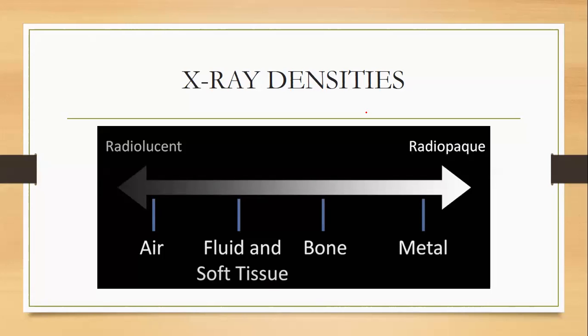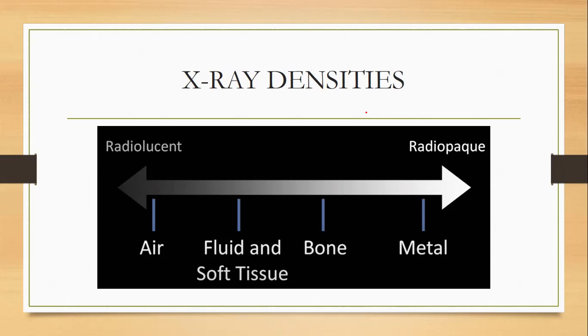You all know this. However, I want you to focus on pronunciation. Here on your left side, we have the radiolucent, and on the other side, the radiopaque, right? The radiolucent part of an X-ray would be related to air, right?